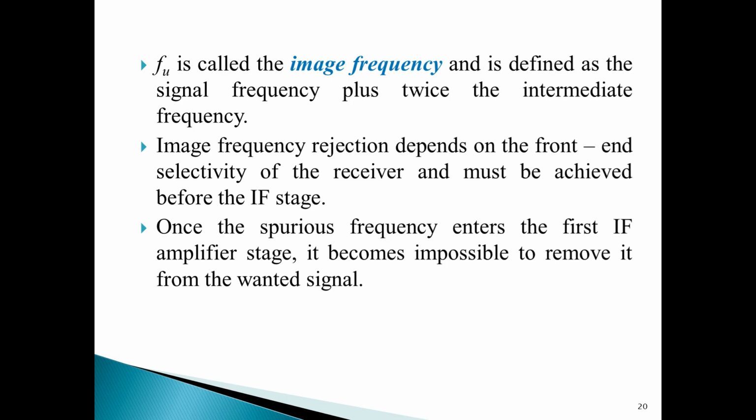Image frequency rejection depends on the front-end selectivity of the receiver and must be achieved before the IF stage. Once this spurious frequency enters the first IF amplifier stage, it becomes impossible to remove it from the wanted signal, and two stations will be heard at the same time.